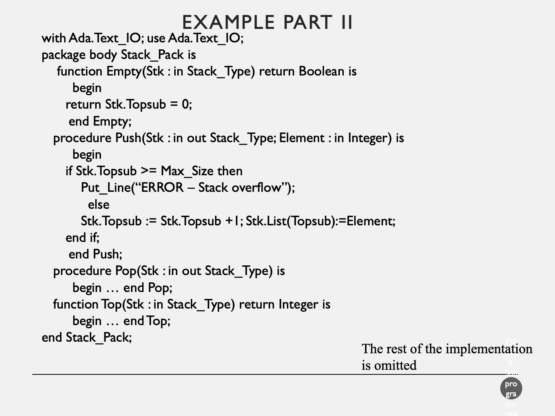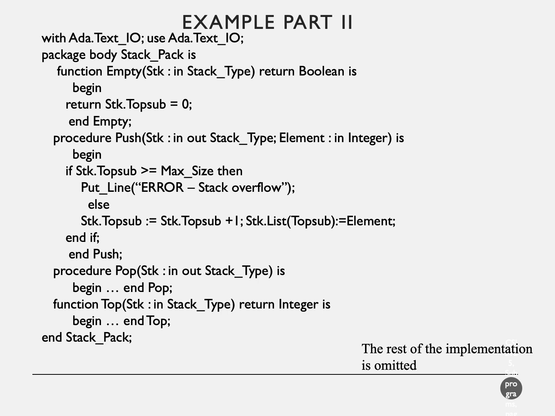Now the push procedure first checks if the stack has reached its maximum size using if stk.topsub is greater than or equal to max_size. If it has, we output an error message to prevent overflow. Otherwise, it increments topsub and inserts the new element at that position in the stack's list.